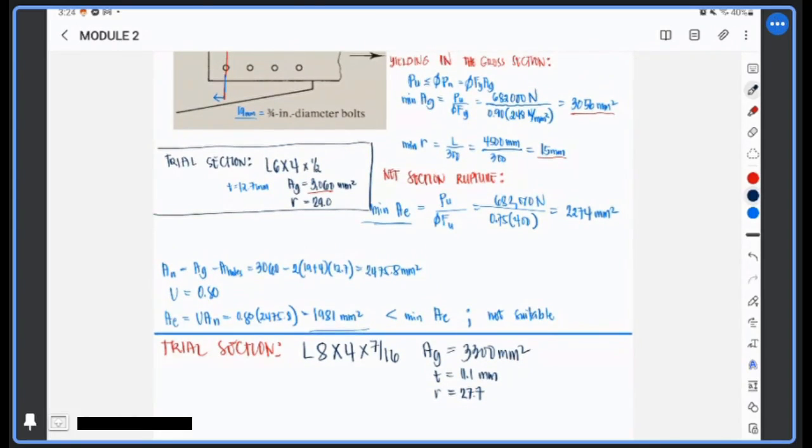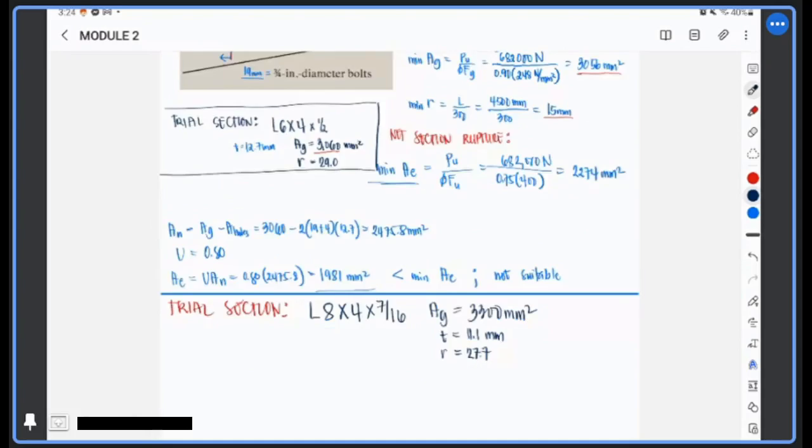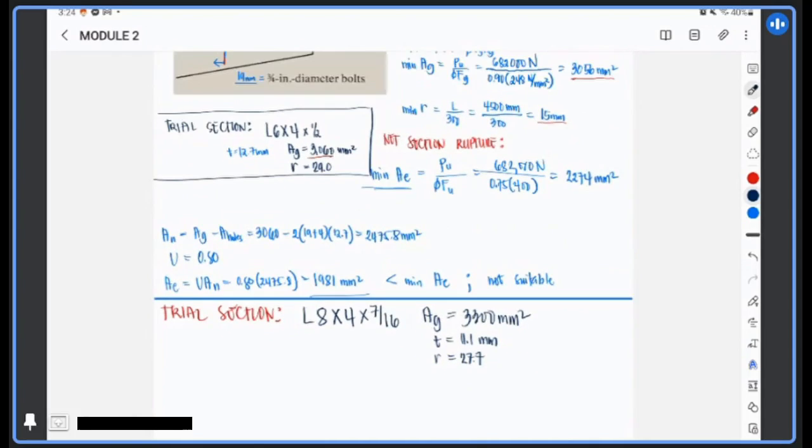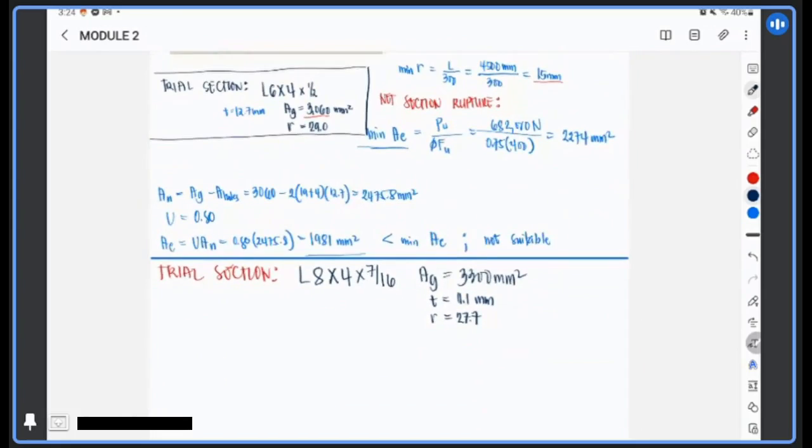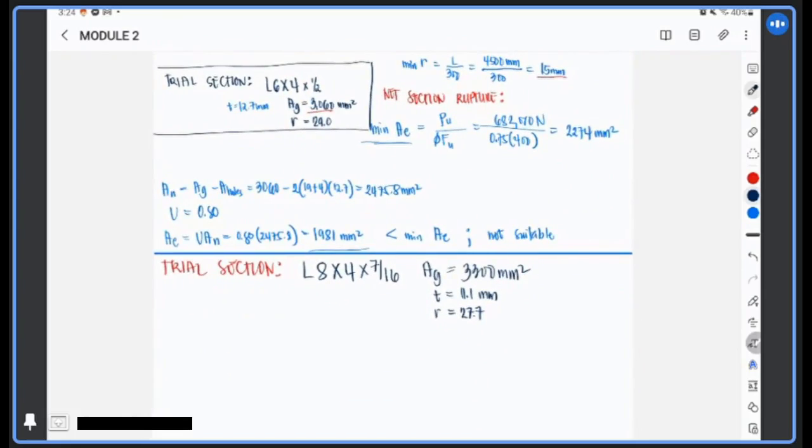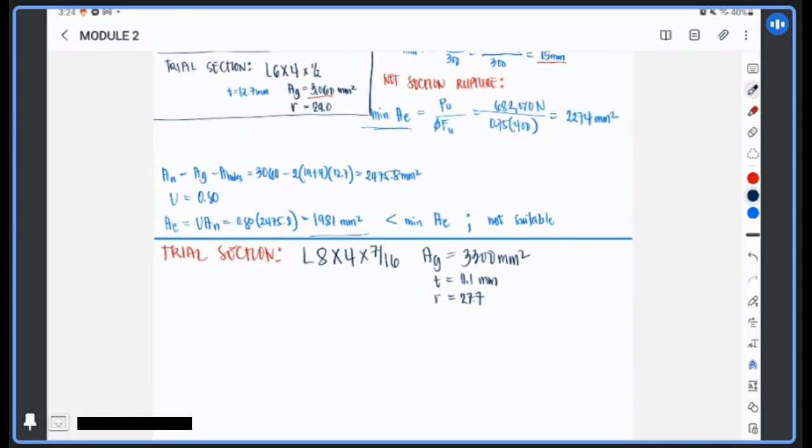Sa next section rupture, hindi lang natin alam kung papasa siya. So, let's again check. Definitely, papasa na siya for cross section yielding and slenderness check, or that serviceability check.